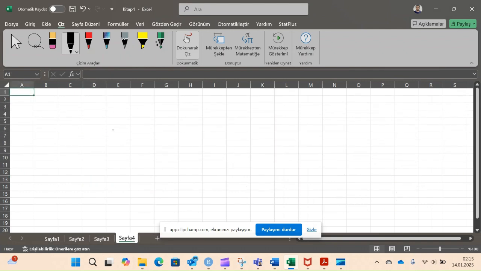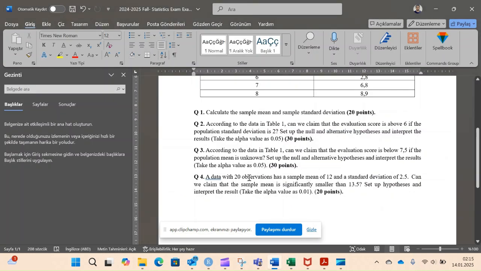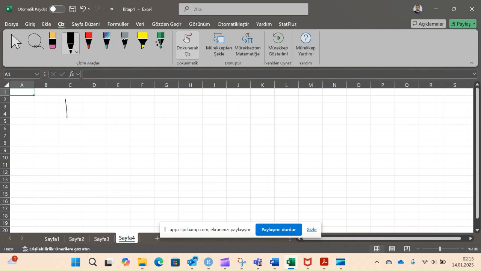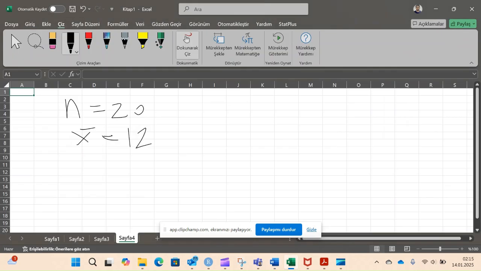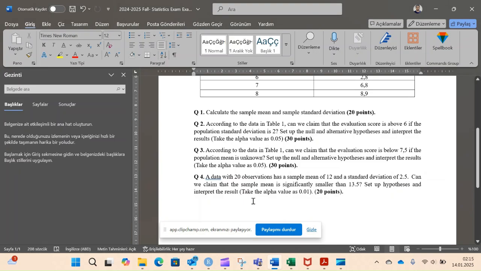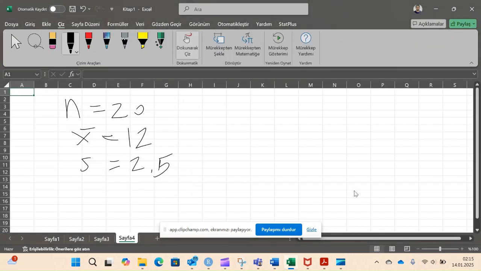So I'll open a new section with the 20 observations. The sample mean is equal to 12, the sample standard deviation is equal to 2.5, and can we claim the sample mean is significantly smaller than 13.5?